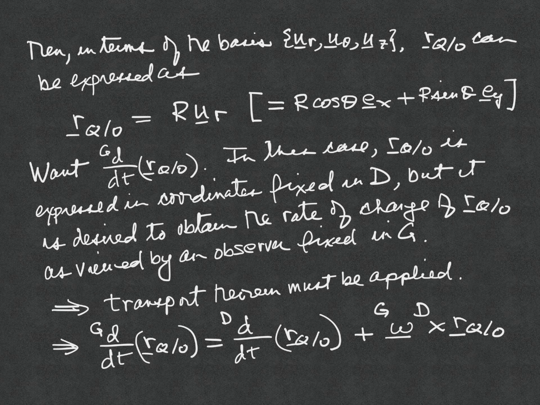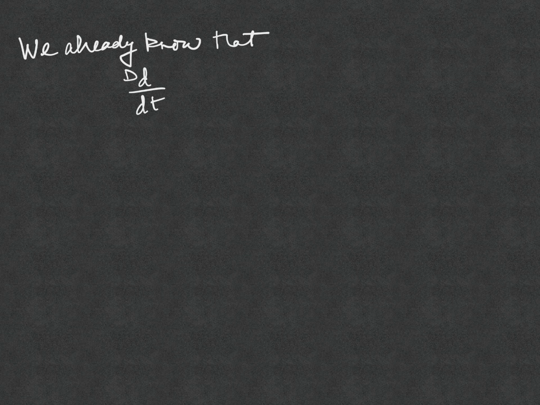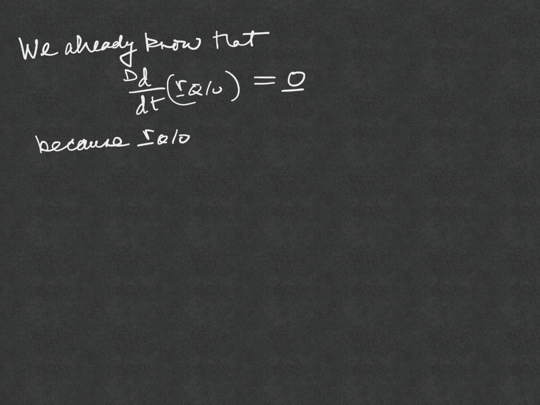Now we already know that the rate of change in D of the position of Q relative to O is 0. So we're going to start there. So we already know that the rate of change in D of the position of Q relative to O is 0 because the position of Q relative to O is fixed in D. So that first term in the transport theorem in this particular case is 0.